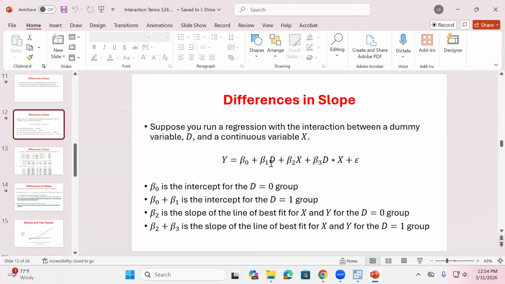And I had this positive coefficient for beta 2. If beta 3 is negative, and in fact, it's such a large negative value, it's greater than beta 2, what's going to happen to my slope? If I take beta 2 plus beta 3, a larger negative value, my slope is now going to be negative for that one group.